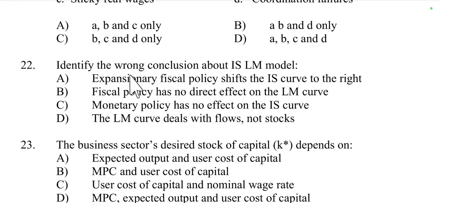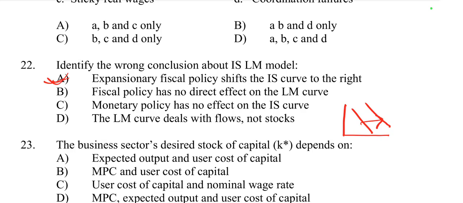The question is, identify the wrong conclusion about the ISLM model. First one is, expansionary fiscal policy shifts the IS curve to the right. Yes, this is correct, because expansionary fiscal policy like an increase in government spending or reducing taxes shifts the IS curve to the right.